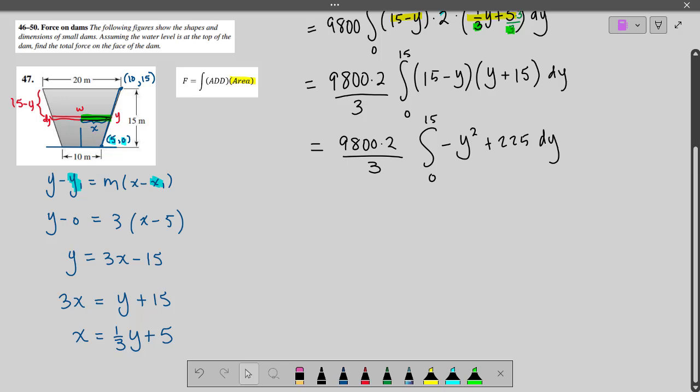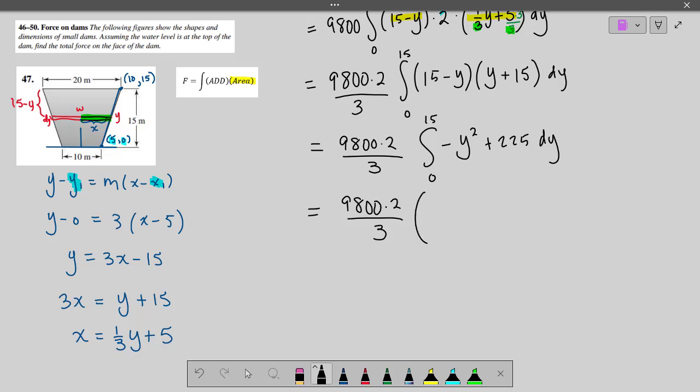And the integration will then be minus y cubed divided by 3 plus 225 multiplied by y from 0 to 15.